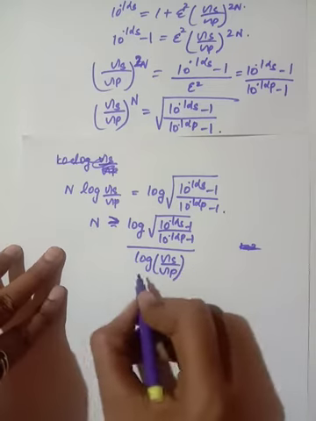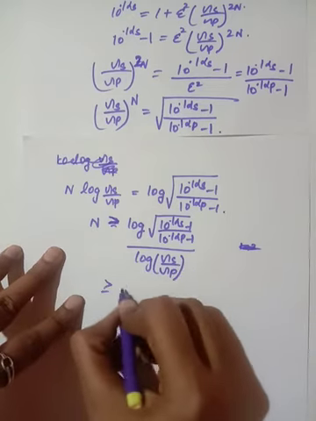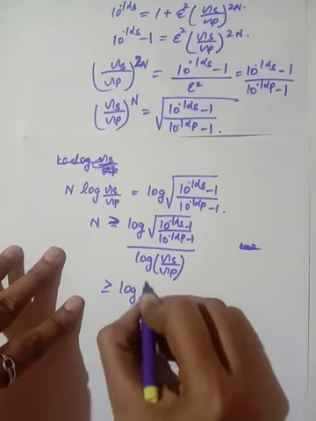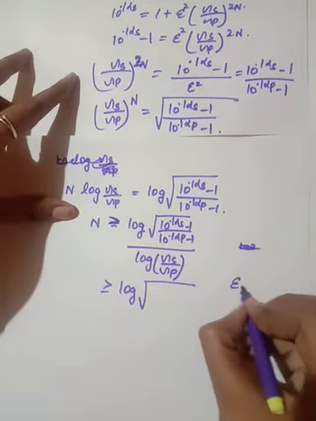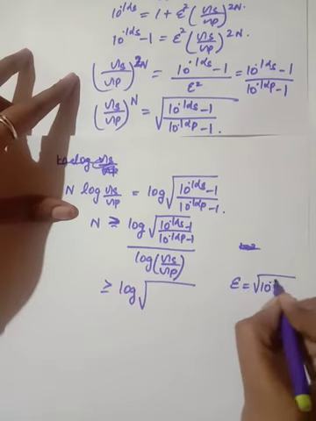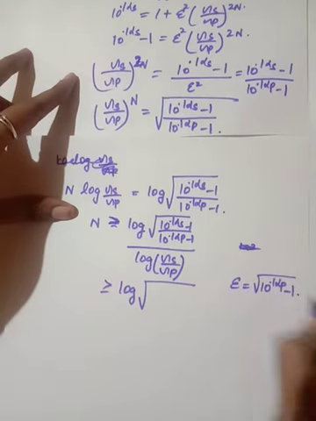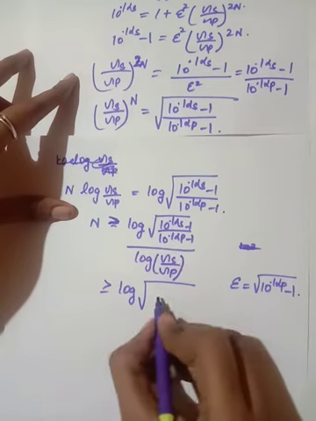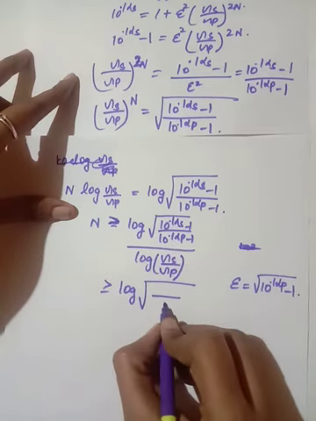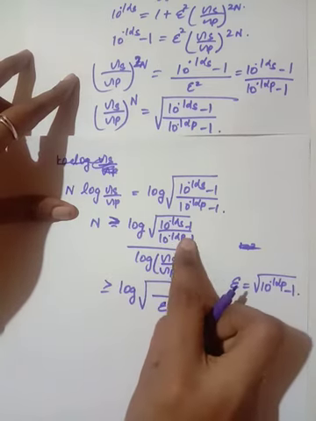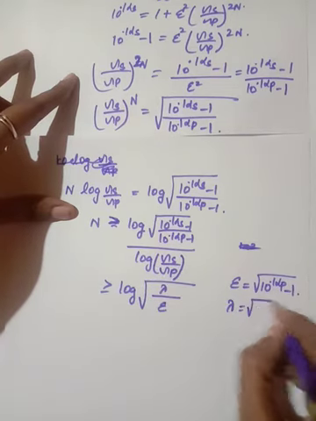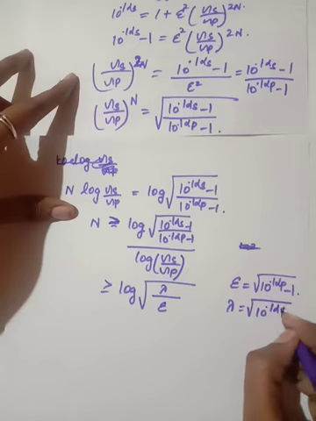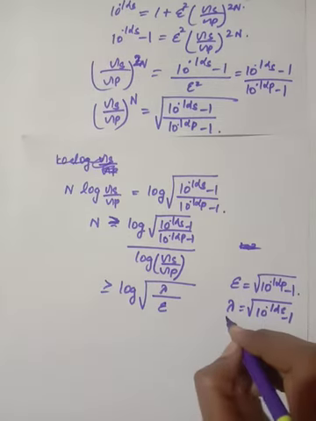Okay, so here this can be written again as follows. We know epsilon is equal to square root of 10 power 0.1 alpha p minus 1, so this is epsilon, the denominator value. The numerator value can be written as lambda, which is equal to 10 power 0.1 alpha s minus 1, which is a factor.